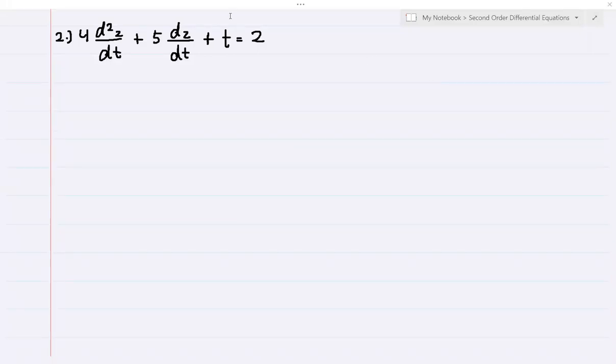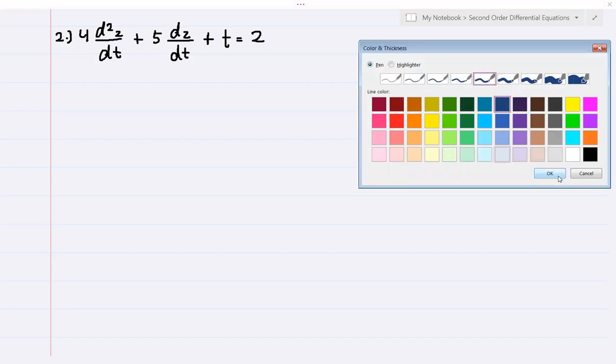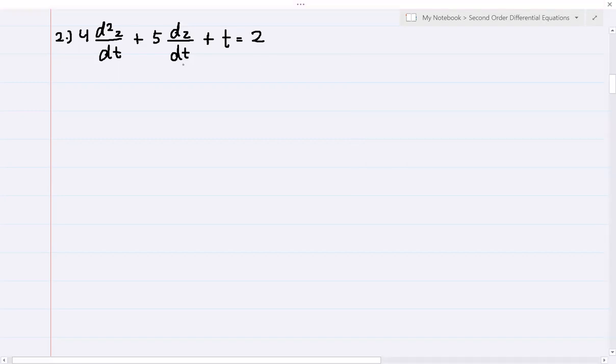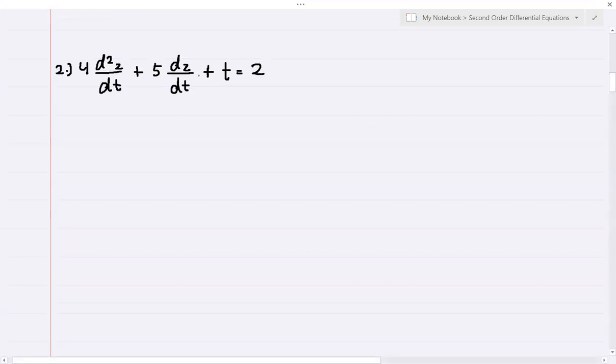So we have the second problem, which is 4d squared z all over dt plus 5dz plus t is equal to n. 2. As you can see, first, the letters are different.